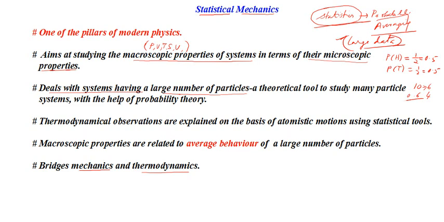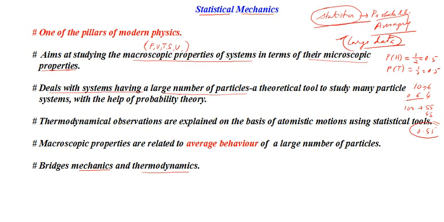Now if you toss the coin 100 times, you may sometimes get something like 55 heads and 45 tails, right? So you'll see that the probability of getting the head has improved further to 0.55.